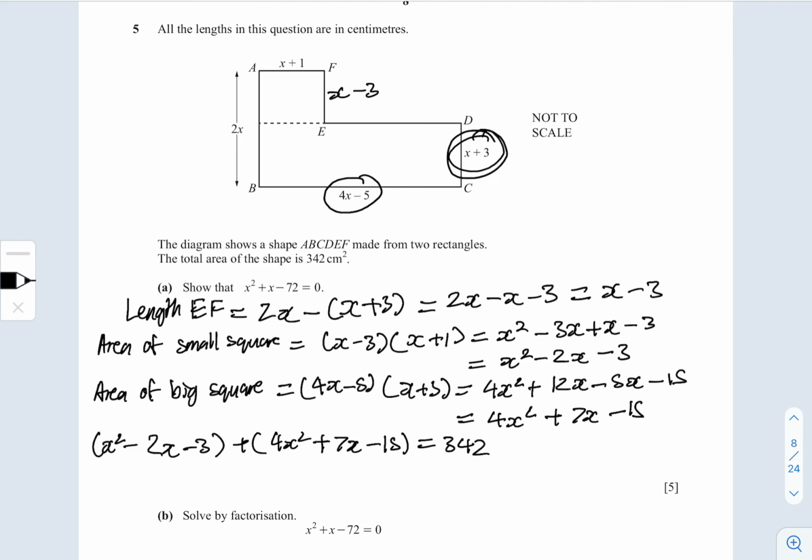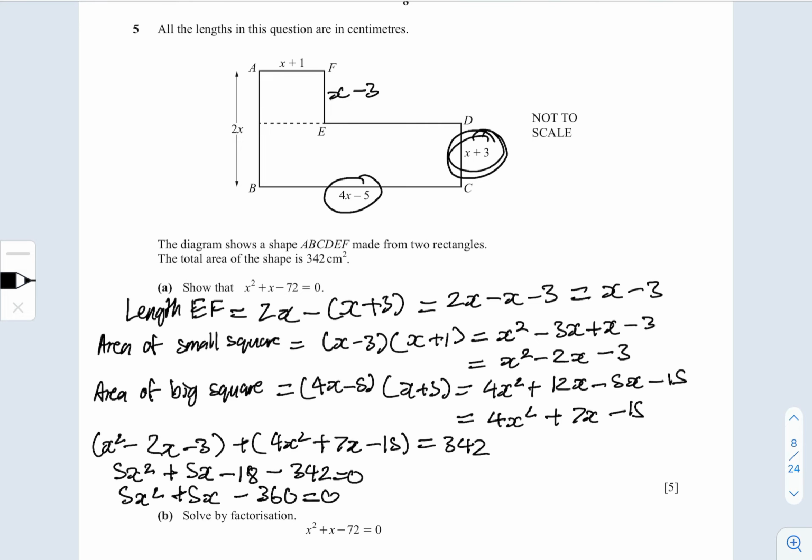So by combining that together and bringing 342 over, what you get is 5x squared plus 5x minus 18 minus 342 equals 0, which will give you 5x squared plus 5x minus 360 equals 0.